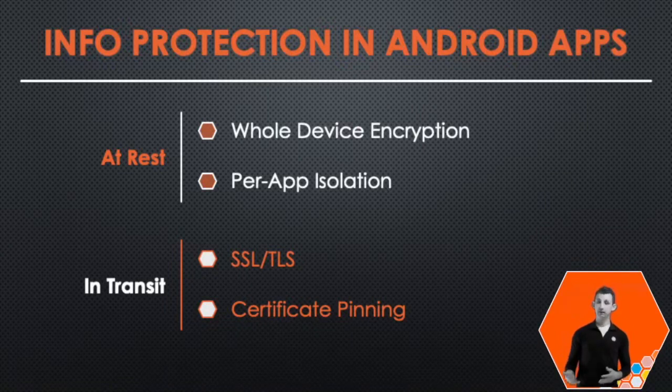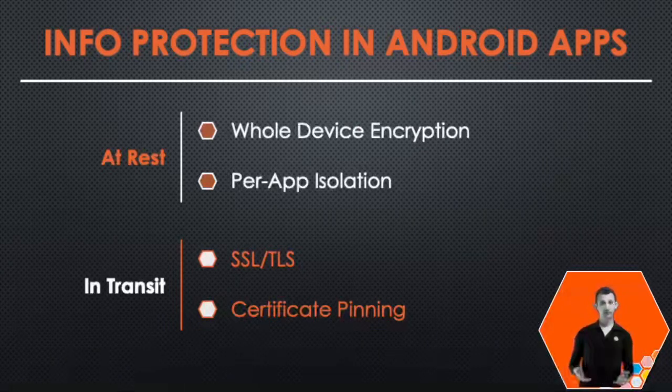You might even set it down, walk away, and come back, and in the meantime, an attacker can trivially clone your device without you being any the wiser. So Android provides whole device encryption to protect against these types of attacks, but this does not provide any app level protection once the device has been unlocked, which is what we're going to take a look at today.